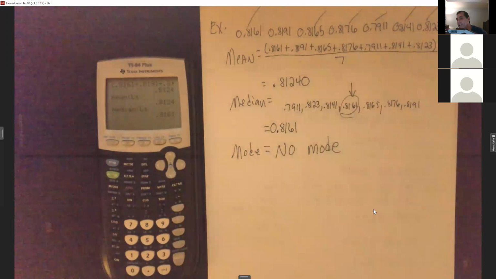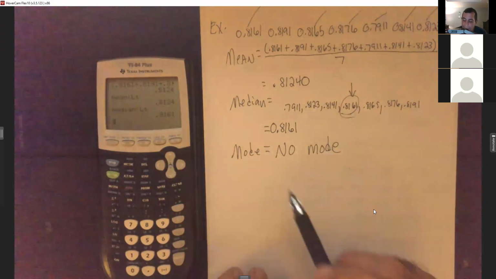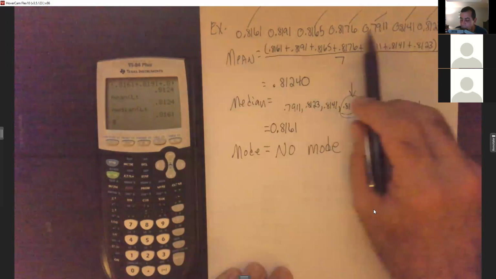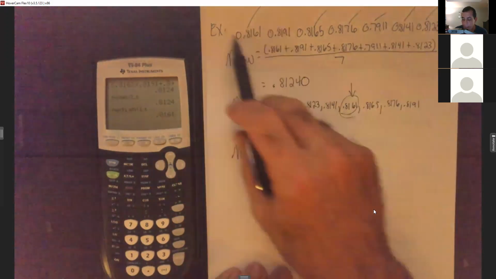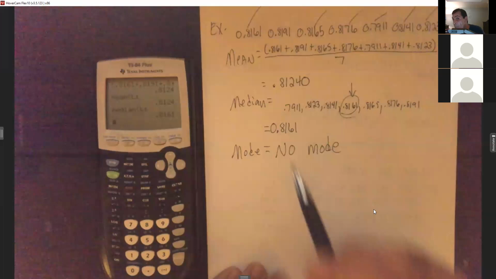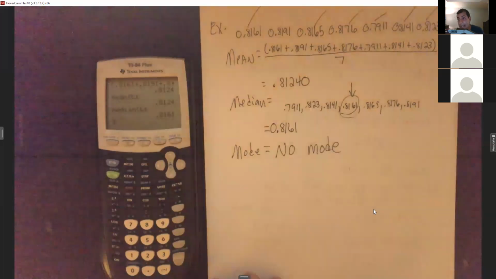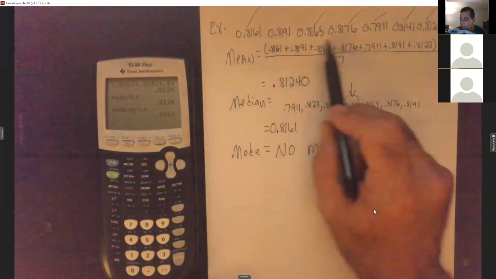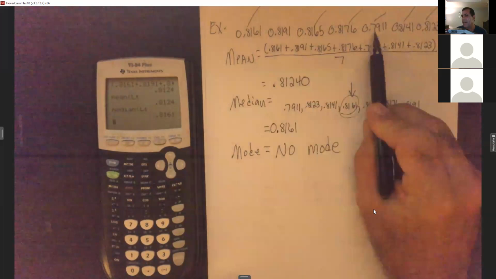So now on this problem, they wanted to know if we would consider any of these numbers an outlier. There's one that I would probably consider an outlier in that data, right? Notice all these have a 0.81 on everything, except I got this one right here that's got a 0.7911.